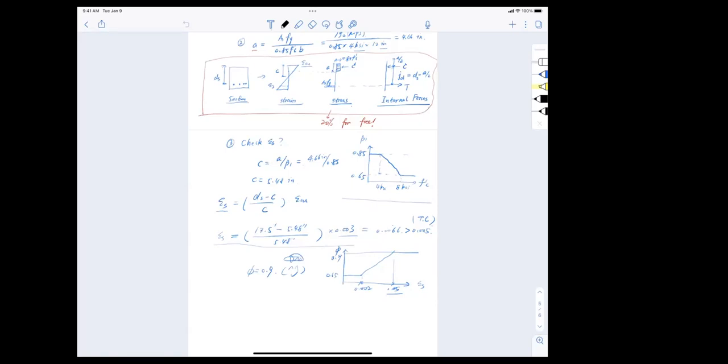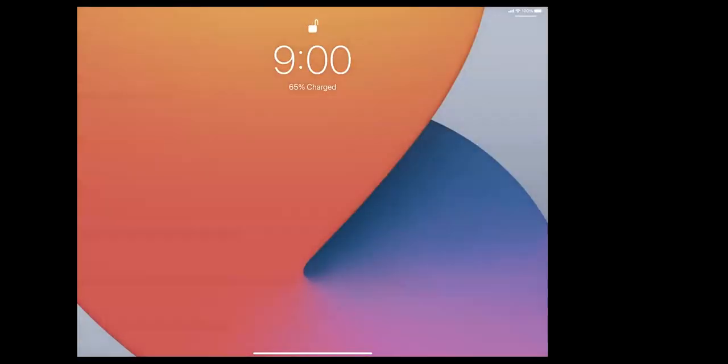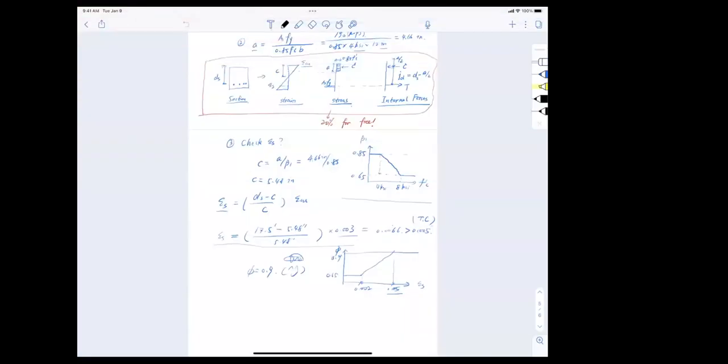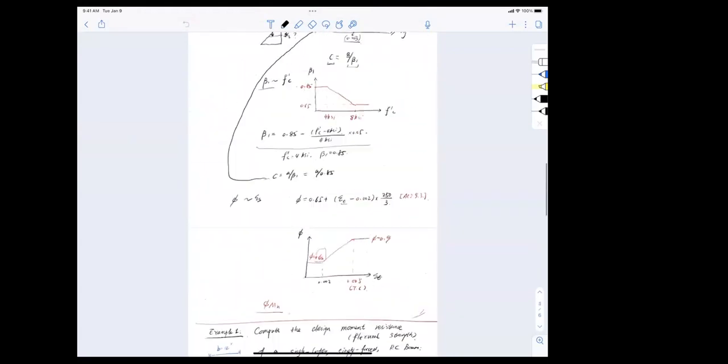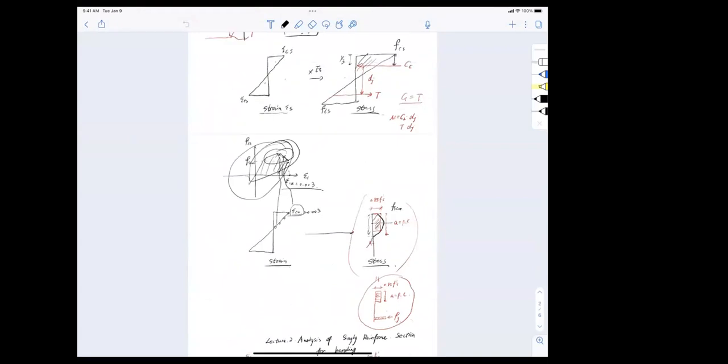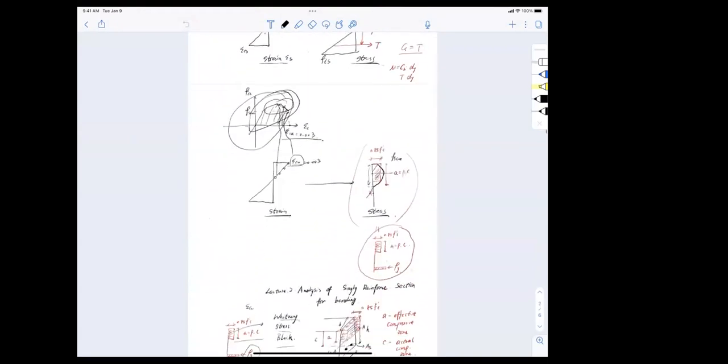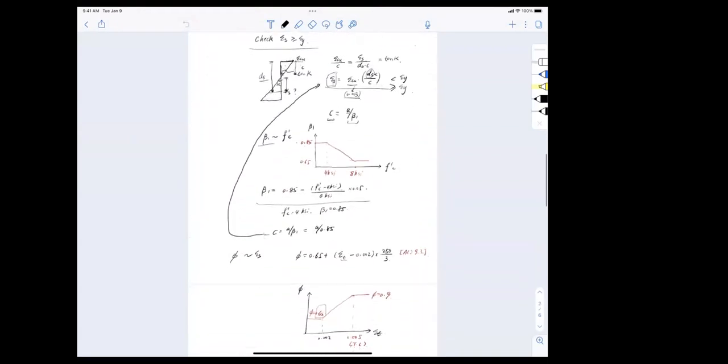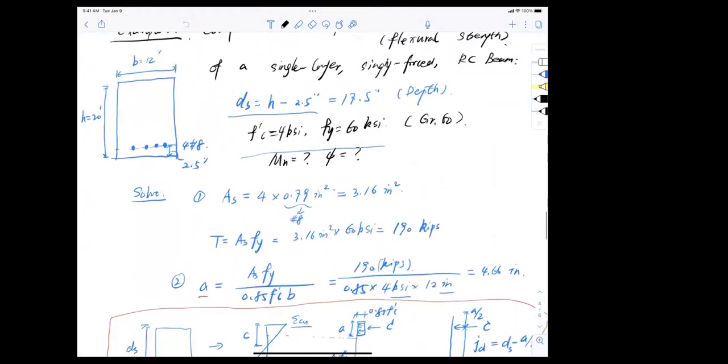Okay, let's continue. We have talked about the singly reinforced section analysis. Now, what is the main feature of analysis? Analysis means the section is given, like the blue section right here.